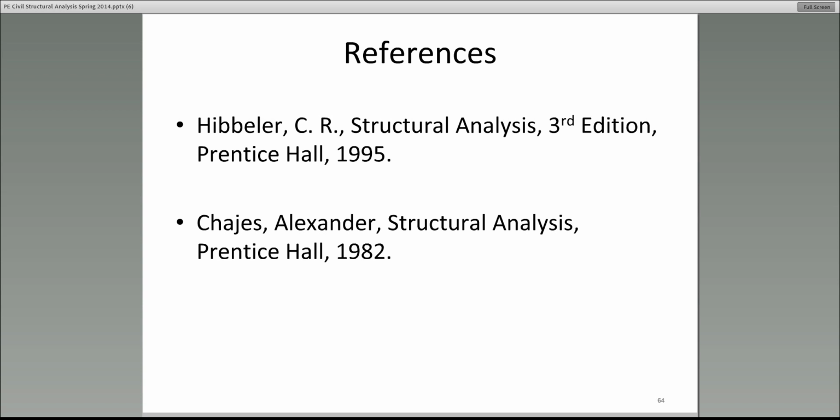The only thing is that it must be bound. All right? So whatever you take, as long as it's bound, and you can take it to Kinko's and have your notes bound, and it will be okay for you to use. The only thing they will not allow are loose sheets of papers in front of you. So make sure that you don't do that.